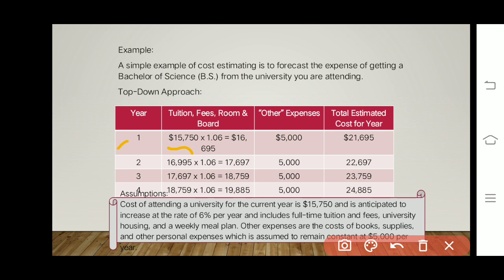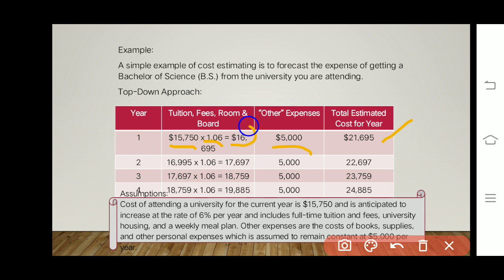Nung mag-start ka na after 1 year, ina-anticipate natin na mag-increase yung tuition fee at the rate of 6% per year. So, galing sa 15,750, ita-times natin siya sa 1.06. And then yung other expenses mo, sa buong taon ng first year mo, ang magagastos is 21,695.